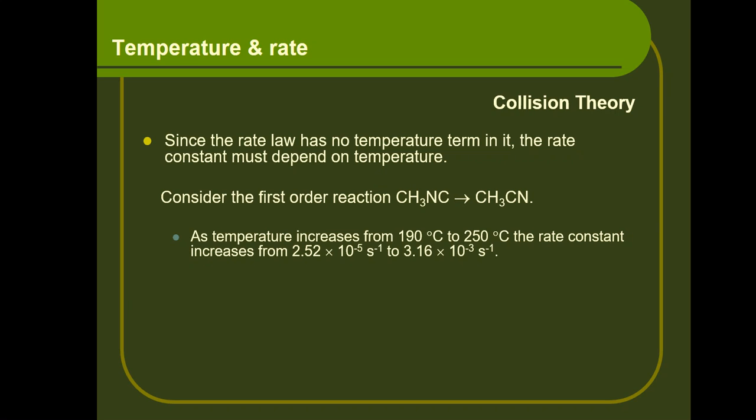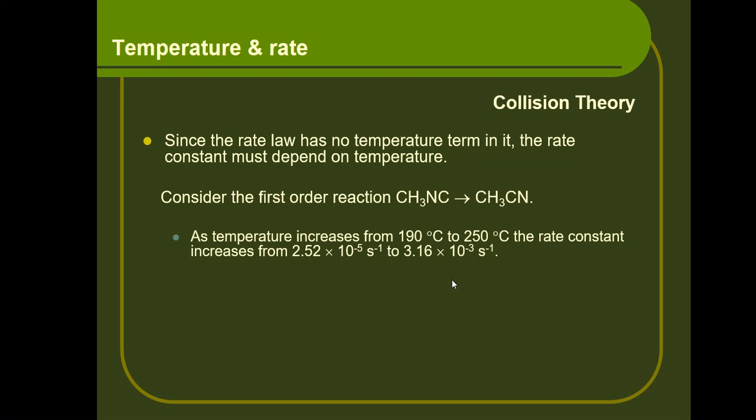So, in here, you have methyl cyanide, and it was observed that from a temperature of 190 degrees Celsius to 250 degrees Celsius, there's a marked increase in the rate constant, from the 2.52 value to the 3.16 value times 10 raised to negative time per second.